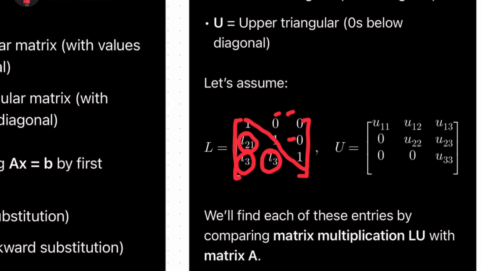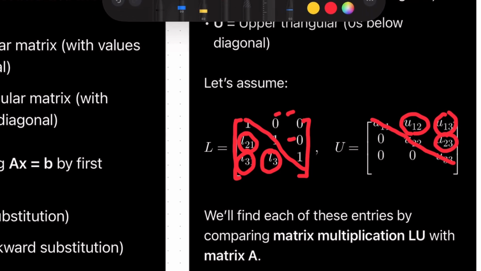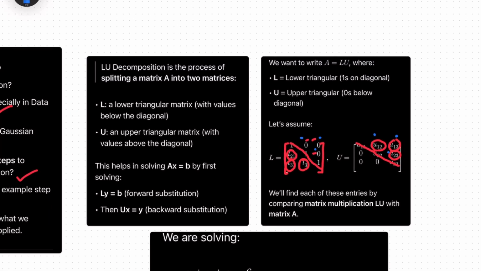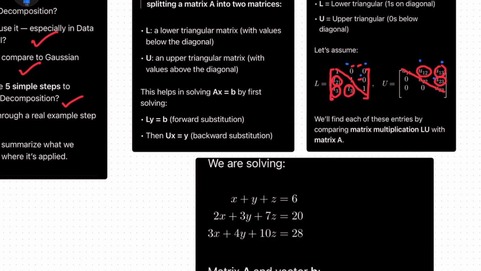Then we have another matrix called the upper triangular matrix, where we have values above the diagonal, basically the inverse of lower. The basic intention behind splitting into lower and upper triangular matrices is to solve the equation.